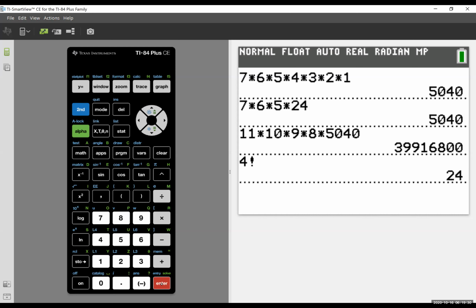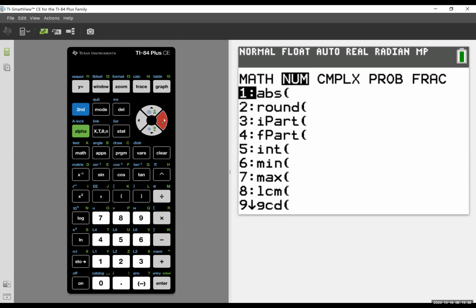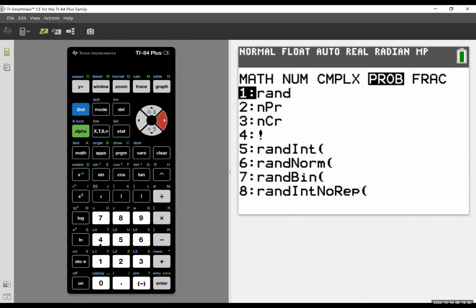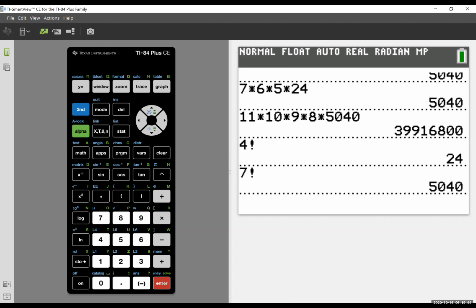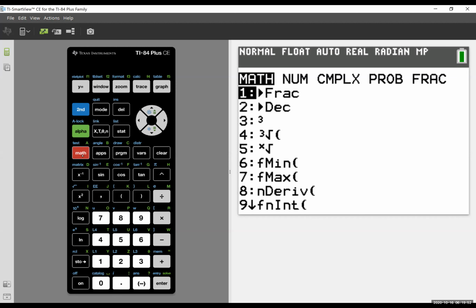If you want to look at the next factorial, I believe it was 7 factorial, same idea. 7, press the math menu, scroll over to probability, item number 4, and then 11 factorial. Oops, I don't want to press second, I just want to press math. There we go.